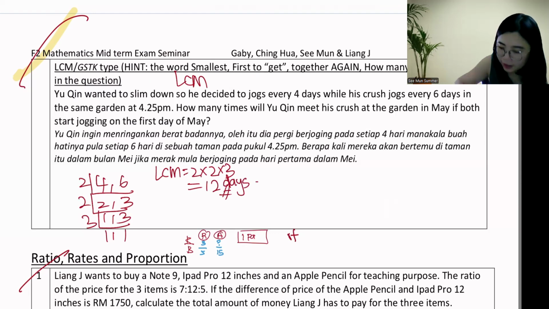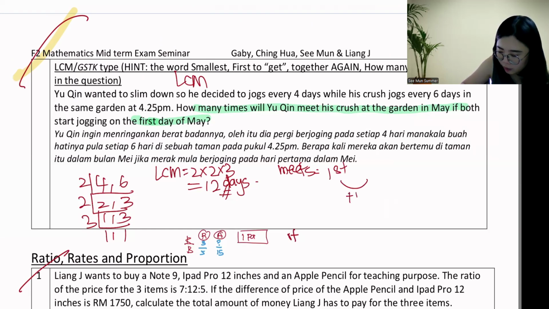But it doesn't stop here. How many times will Yuqing meet his crush in May if they jog on the first day? Okay, first day, of course they will meet on 1st May, correct? After that, every 12 days they will meet, right?